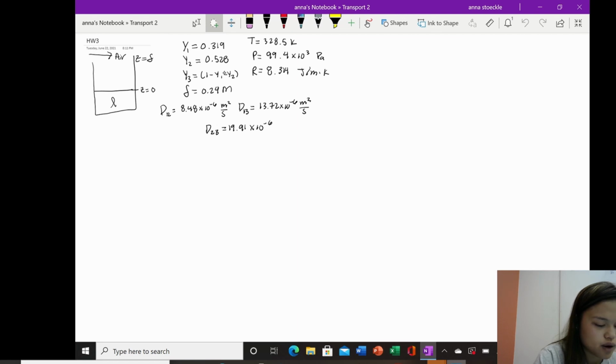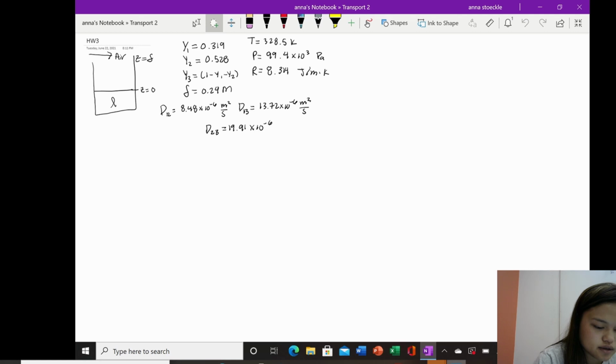You can make Y3 equal to 1 minus Y1 minus Y2, because they should all add up to 1. Delta is 0.24 meters. The temperature is 328.5 kelvins. The pressure is set at 99.4 times 10 to the 3 pascals, and the gas constant is 8.314 joules per mole times Kelvin.